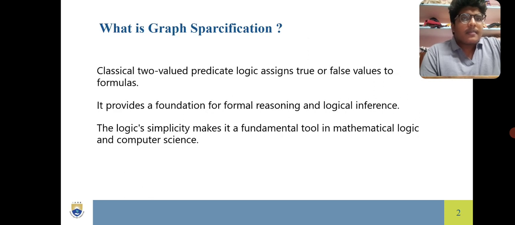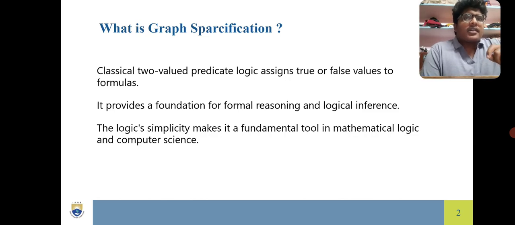Next, what is graph sparsification? Sparsification means making a graph lighter.